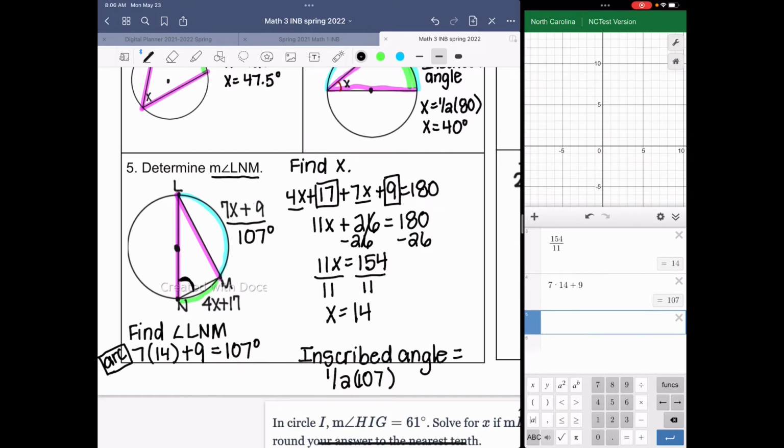So half of 107 is going to give me 53.5. So the measure of LNM is 53.5 degrees, our final measurement. So yes, we had to do a little bit more to find this one, but pretty easy. All we had to do was solve it, and then once we solved it, we had to use our theorems.